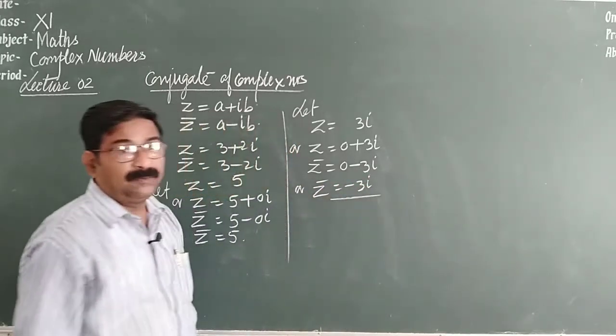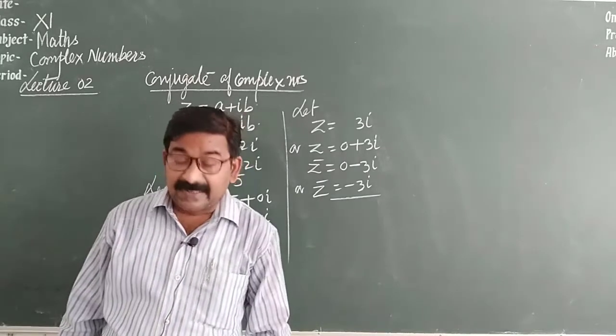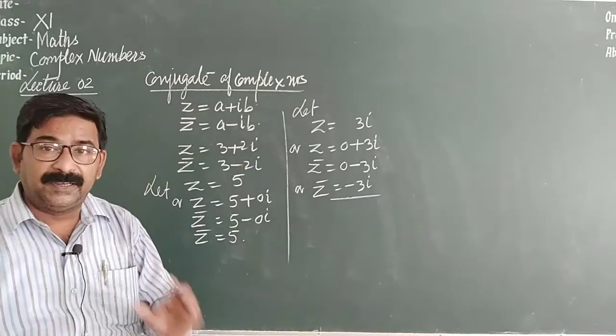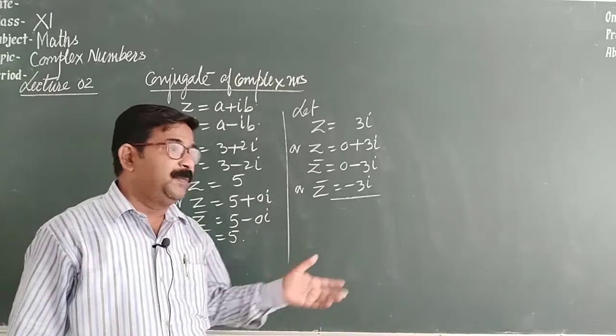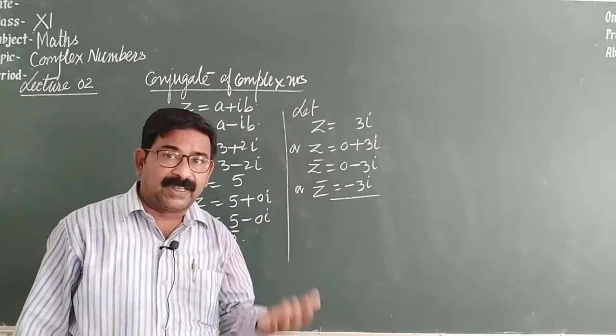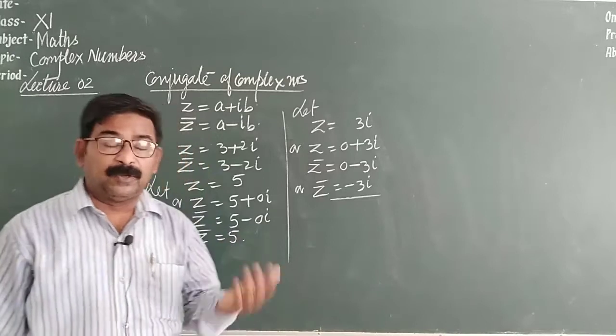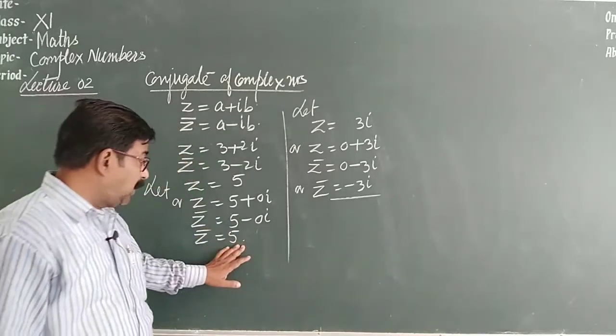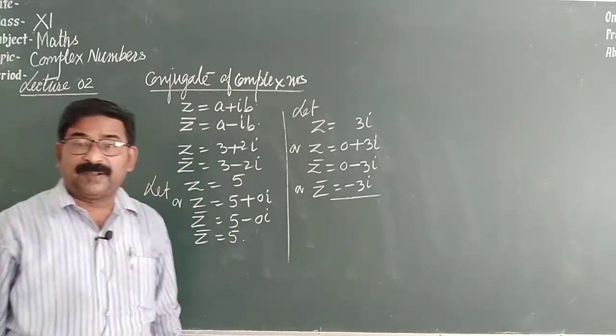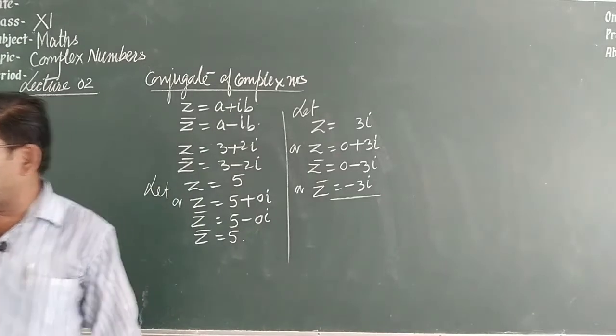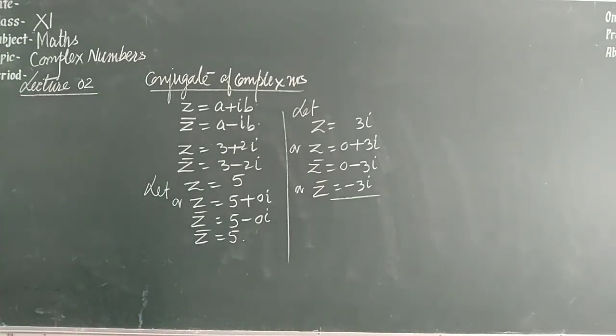So if we have an imaginary part, its conjugate becomes the opposite sign, positive becomes negative, negative becomes positive. If you have a real part, there is no change when we find the conjugate. Got it?